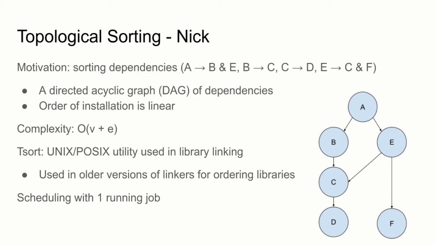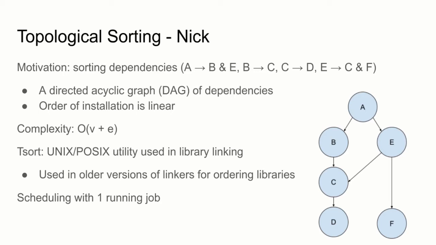The complexity of this algorithm is roughly the number of nodes plus the number of edges. So it's not too complex. However, with rather full graphs, it will be quite a challenge. Now, a rather interesting implementation of this is the tsort utility that POSIX defined.